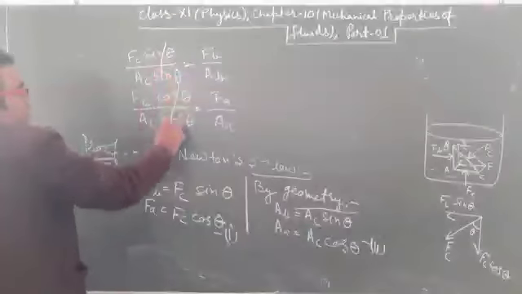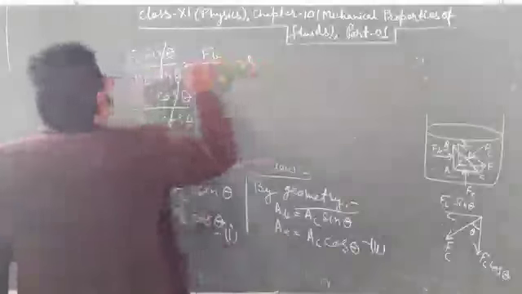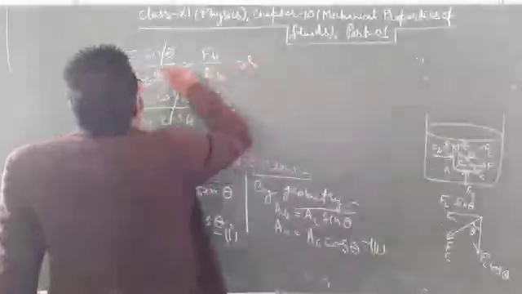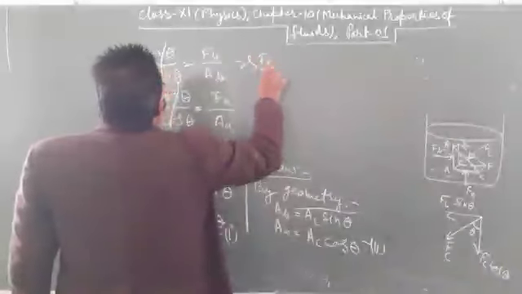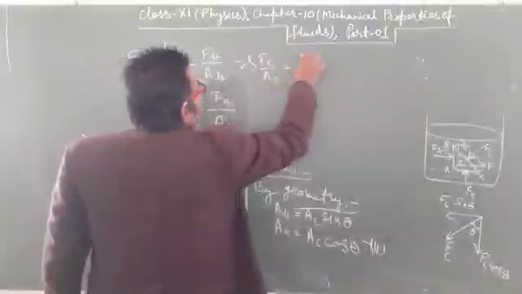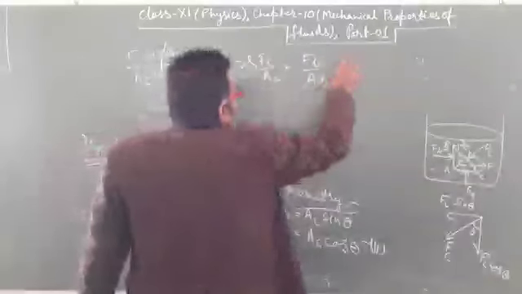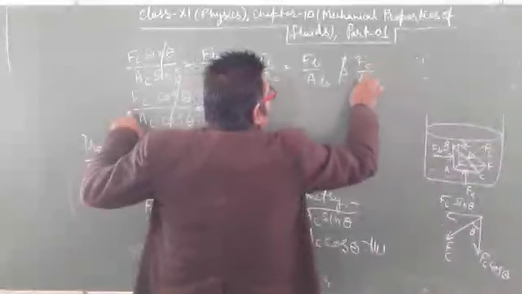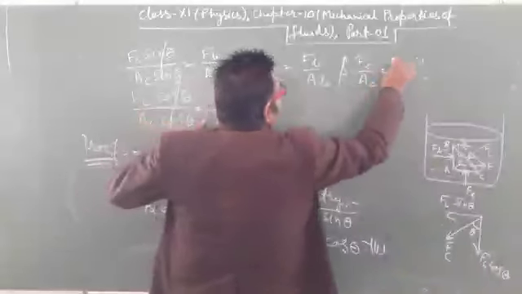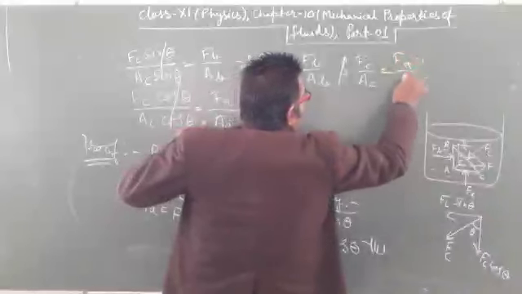Now sine cancels out and cos cancels out, and look here, Fc upon AC is equal to Fb upon AB, and Fc upon AC is equal to Fa upon AA.